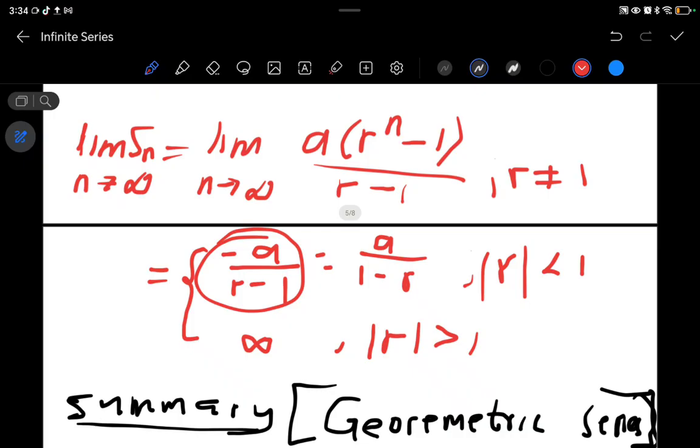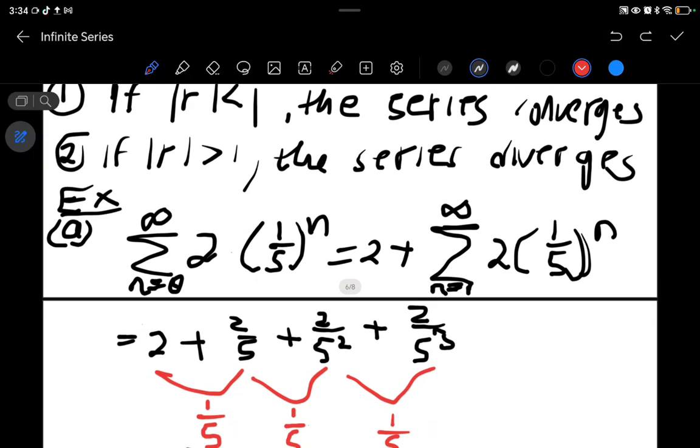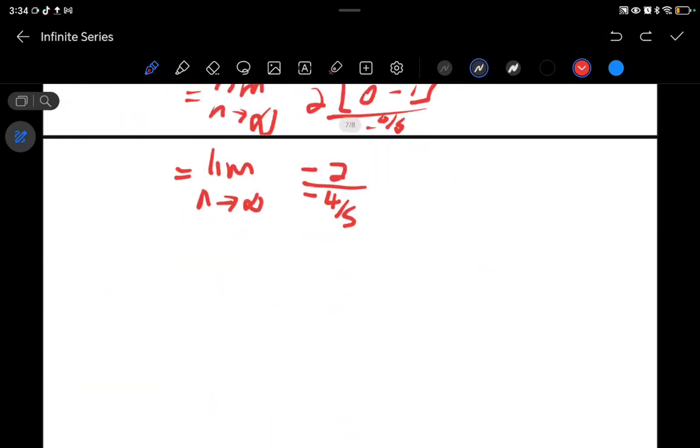So that's why I wrote that part of negative there. And the answer here would be minus 2 over minus 4 over 5, and this would give us 5 over, is it 5 over 2? Yeah. So now we got 5 over 2, right?